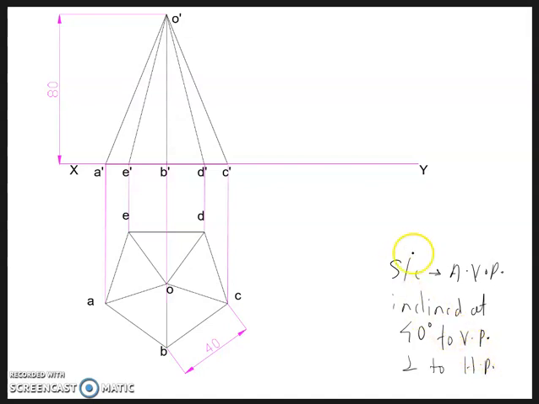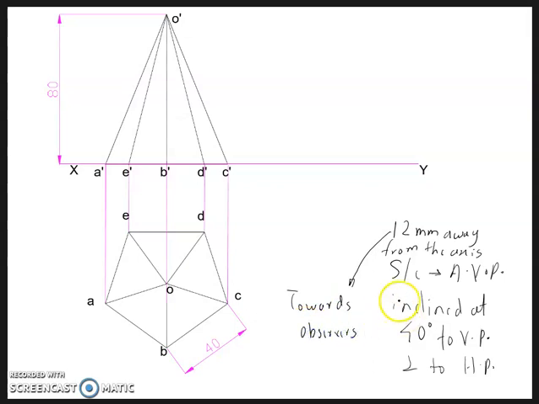Okay. And one more additional information is given that the section plane is 12 mm away from the axis, and it is 12 mm away towards the observer. Alright.